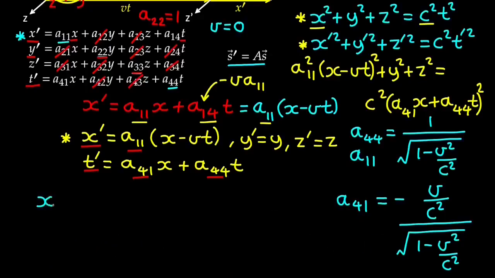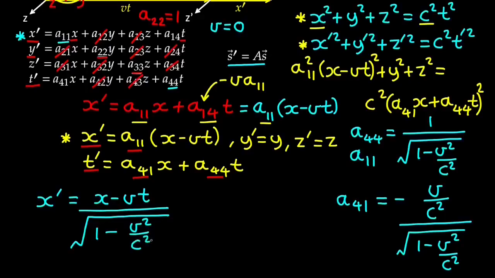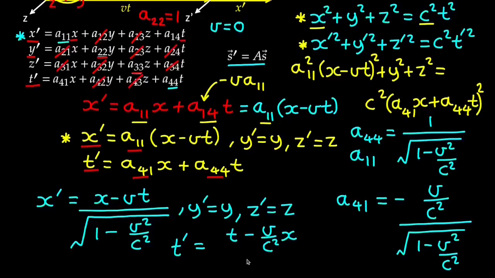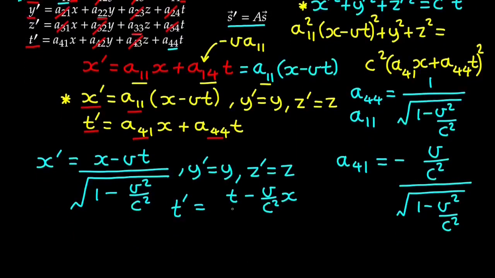So we get x prime is equal to x minus vt on the square root of 1 minus v squared on c squared, and y prime remains equal to y, and z prime is equal to z, and t prime is equal to t minus v on c squared by x over the square root of 1 minus v squared on c squared.